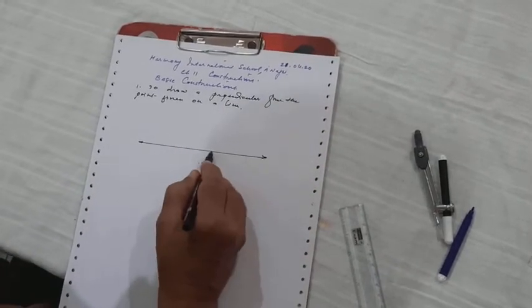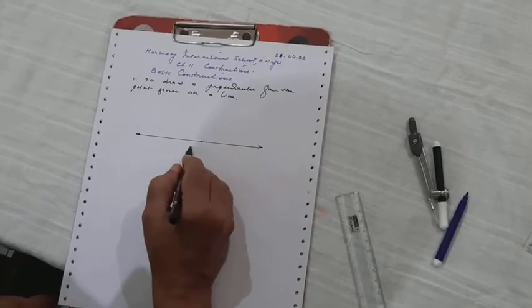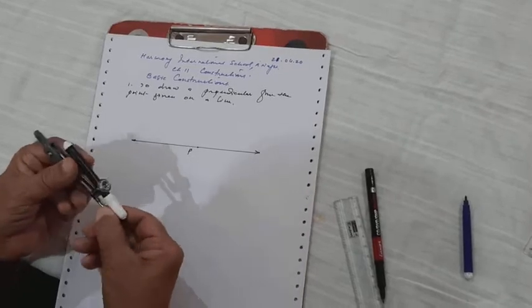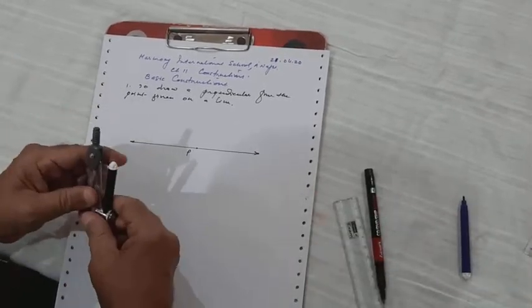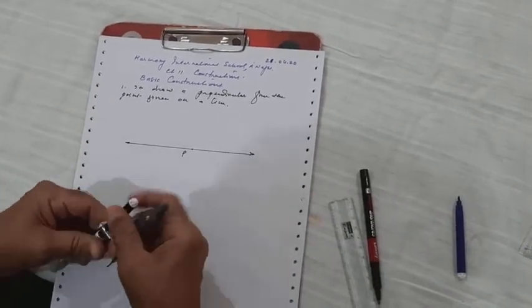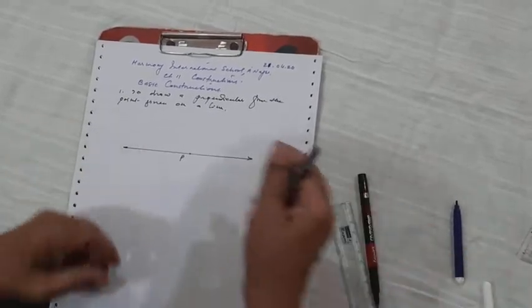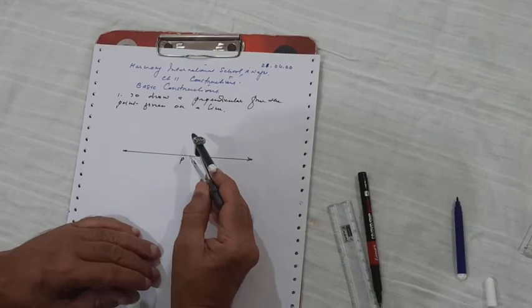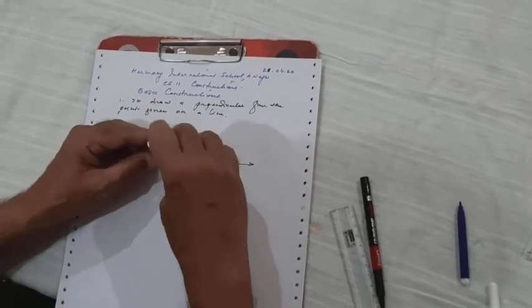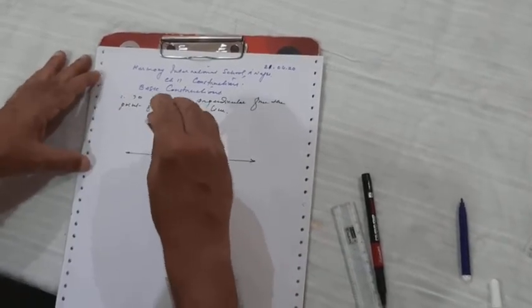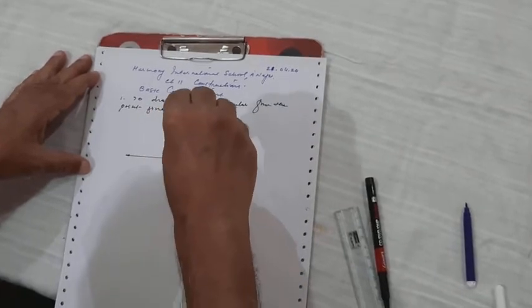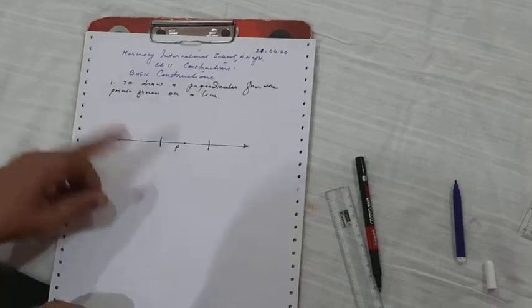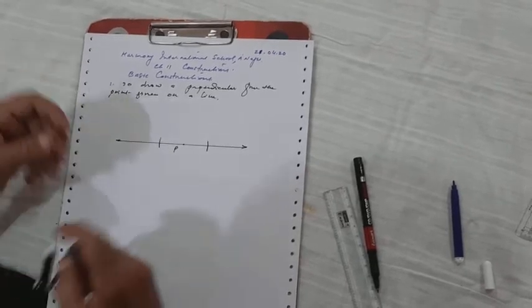Take a point P on it, anywhere. Take a compass, keeping the compass on the point P, draw 2 arcs, taking some suitable distance. See this, 2 arcs are drawn, both the sides of the P.